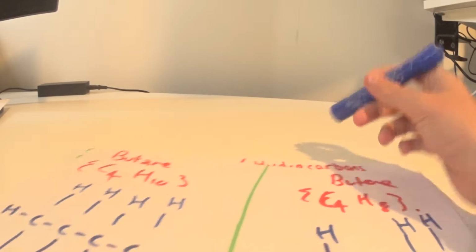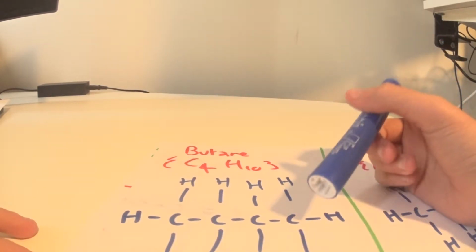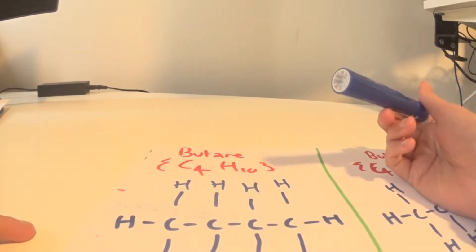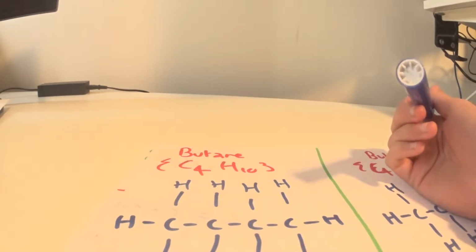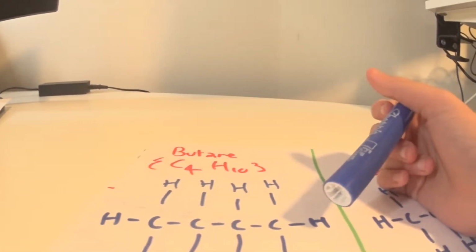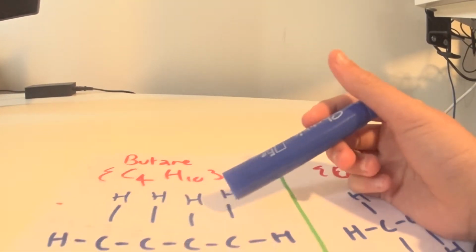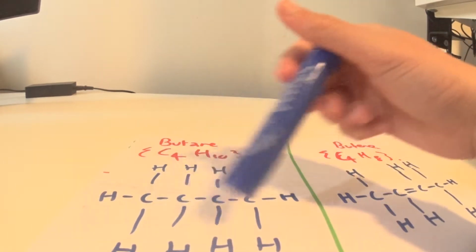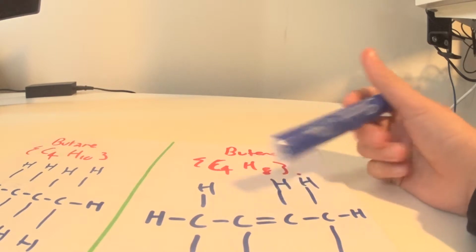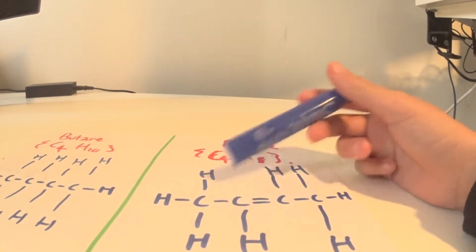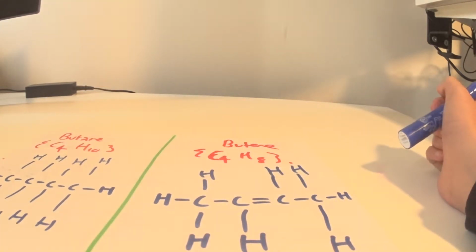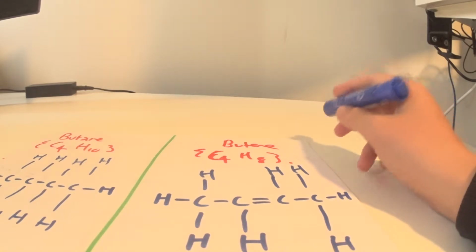So let's say you draw a butane polymer. As we discussed, polymers are chains and monomers are singular parts that build up the chain, as discussed in the last lesson. So this is our butane, which is essentially the single bonded carbons. And we have our butene, which looks like this. So, yeah, that's essentially it.